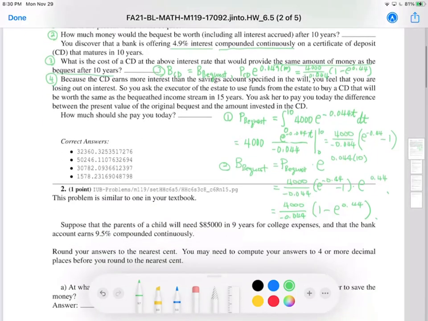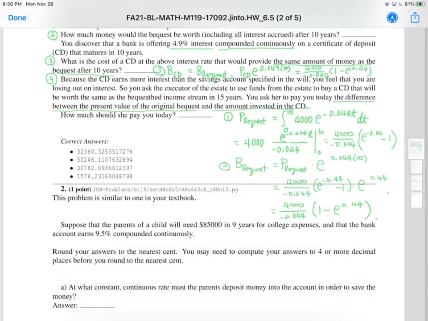And 4. Okay, we want to compute the difference between the present value of the original bequest and the amount invested in the CD. The amount invested in the CD is the present value of the CD. So we want to find the difference.